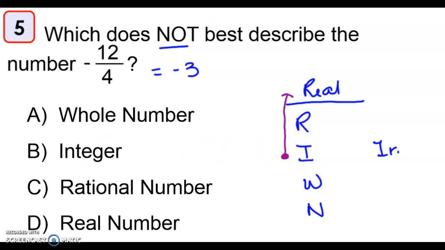So just by taking a look at our answer choices, negative 3 is an integer, a rational number, and also real. Because the whole number falls below an integer, our arrow can never go down. That means negative 3 will never be a whole number.